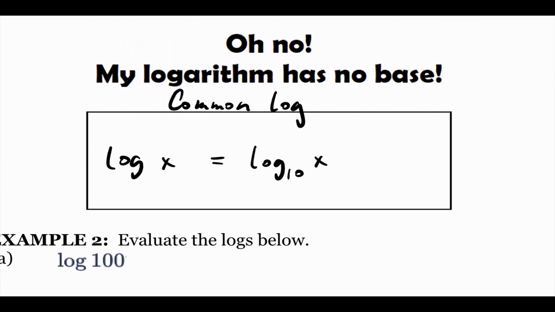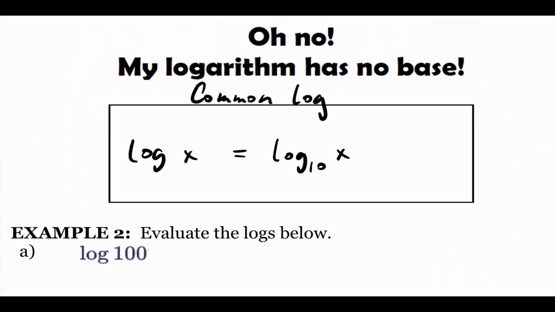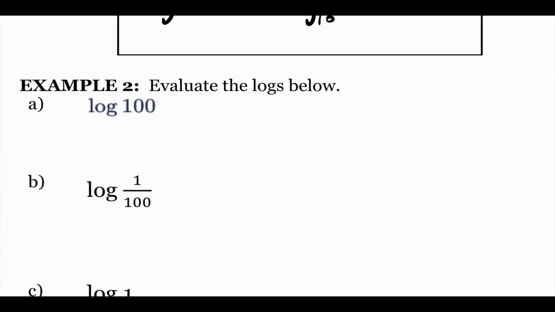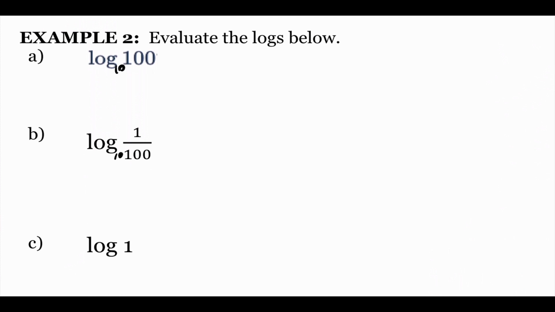But if they don't have a base, like 2a doesn't have a base written down, it's going to be 10. So this is 10, that's 10, and that's 10. So we have to figure out what these are equal to. That's what evaluate means. Evaluate means what are they equal to?